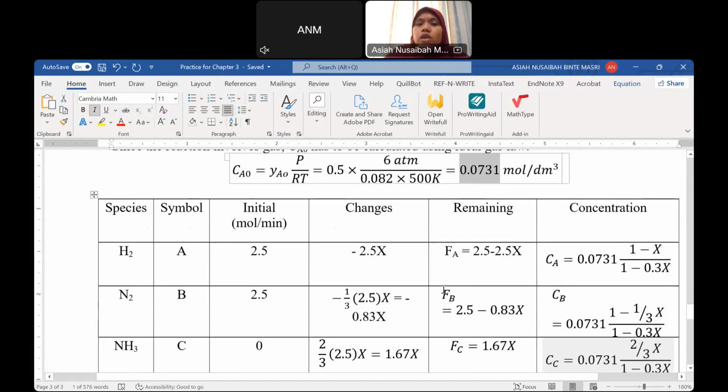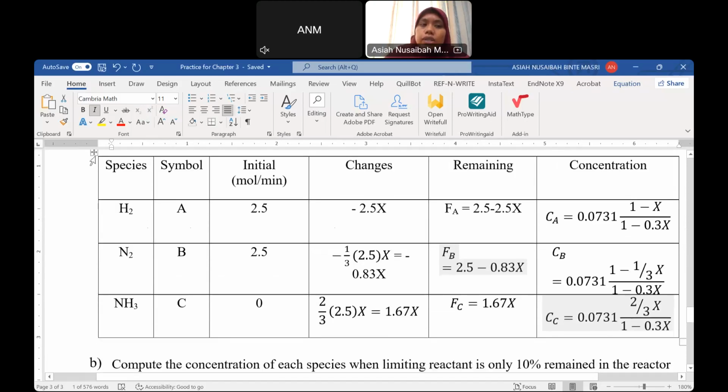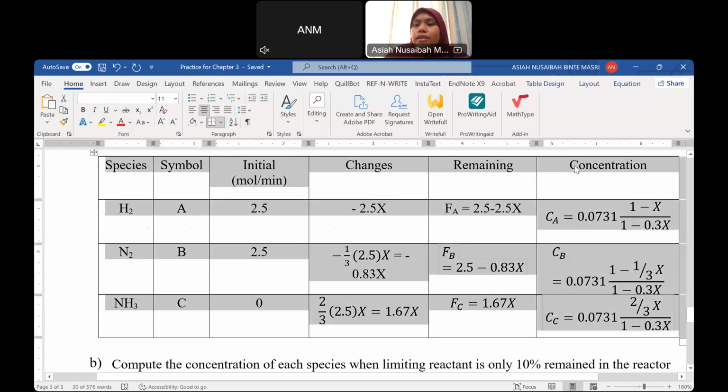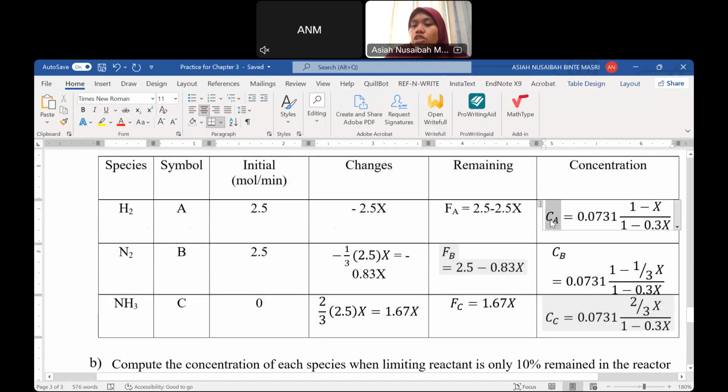Then actually we have finalized our table by ensuring that the concentration column represents concentration expressed in the form of conversion only. Others are already in numbers. Now, we have completed question A, okay, done.